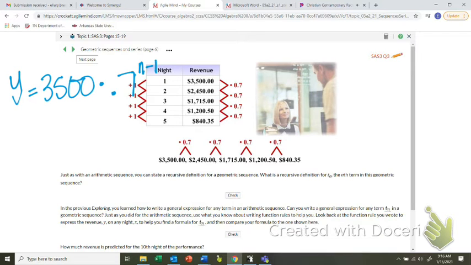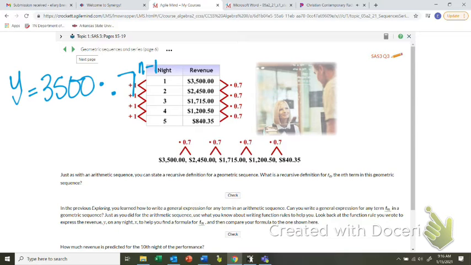Now, I want to find the 10th night. Okay. So, here, do you see an F of something? You don't see the F. Okay. So, when you don't see that F of, that means you don't have to have the previous terms. Okay. So, here, I'm just looking for the 10th term, 10th night.